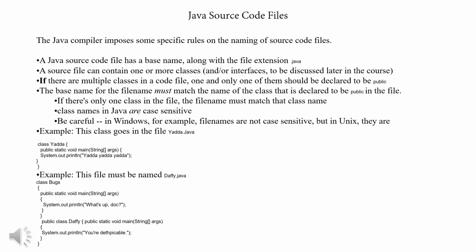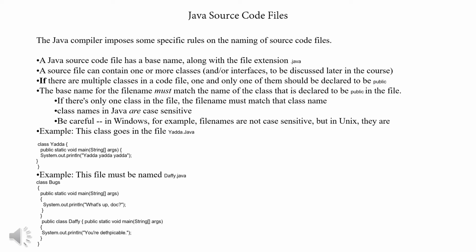For example, in this example, you see we have class Box, public static void main, system.out.println what's up docs, and then public class Daffy, public static void main string args, system.out.println your blah blah. As you see here, we have two classes. The name of the file needs to match the name of this public class, Daffy.java.